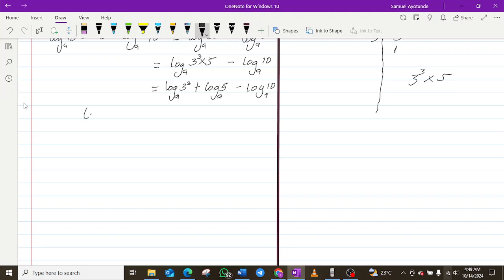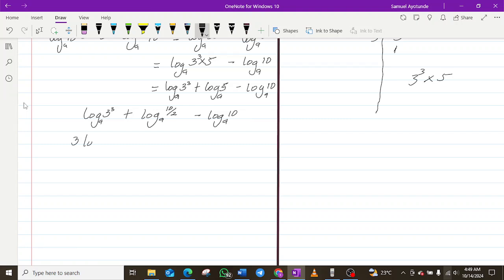Have log 3 raised to power 3 base a. I will change 5 to 10 over 2, log 10 over 2 base a, minus log 10 base a. So from here, I can turn power to coefficient.